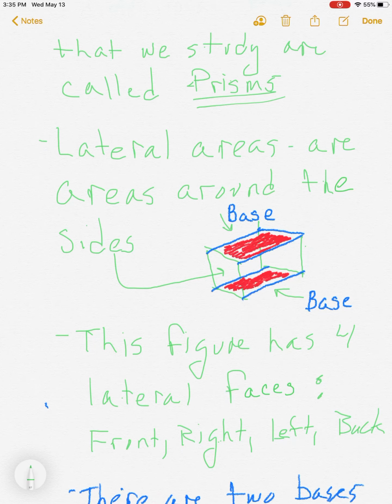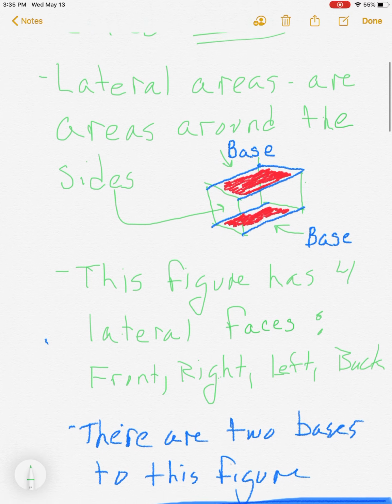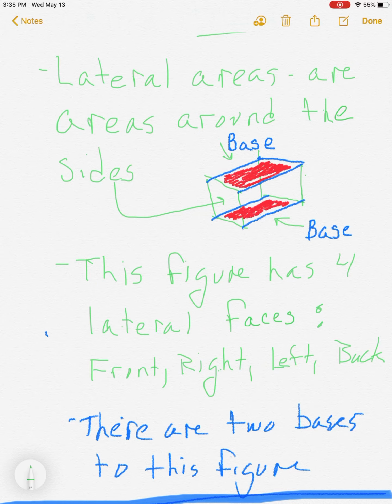And on these figures, we typically talk about lateral areas. Lateral areas are areas around the side. For example, this box pictured here has four lateral faces: the front face, the back face, the left face, and the right face.